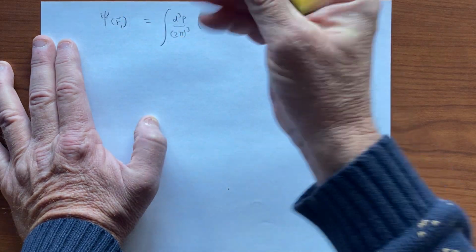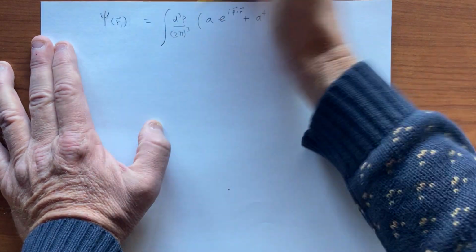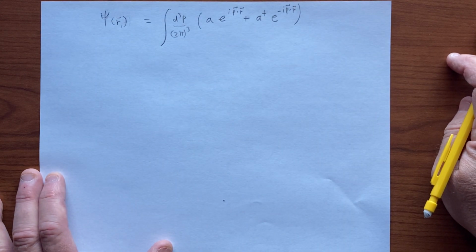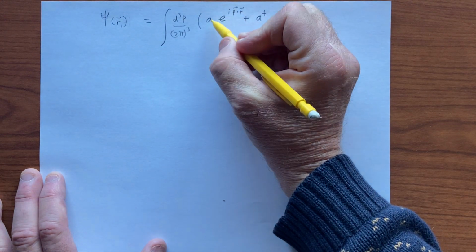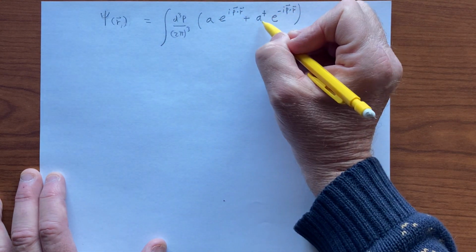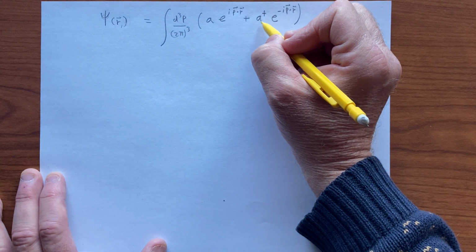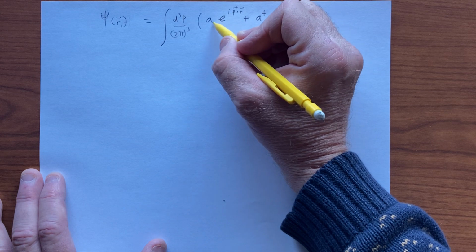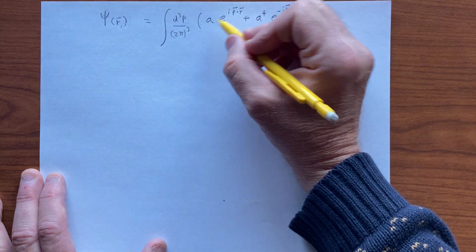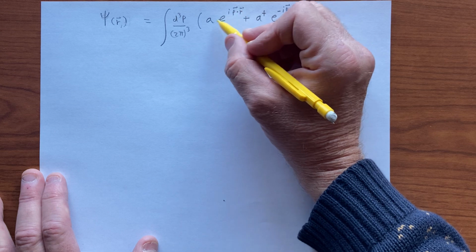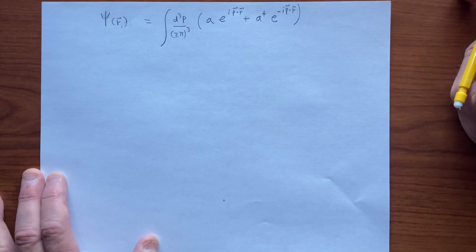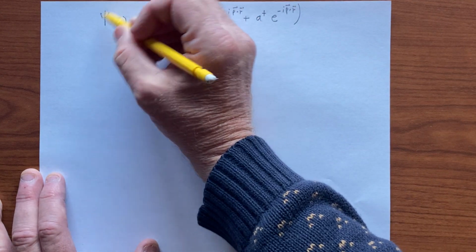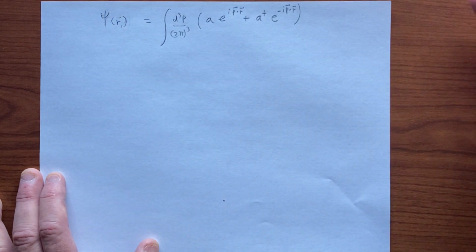Let's just look at psi of r. It'll look like that. It's a combination of these kinds of objects, but this brings in these ladder operators, and so we should distinguish here. They should have an additional label for different values of p, the momentum, and so the wave function looks like that.